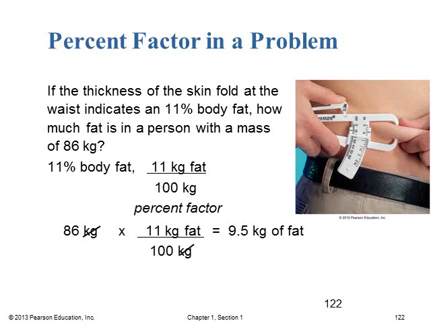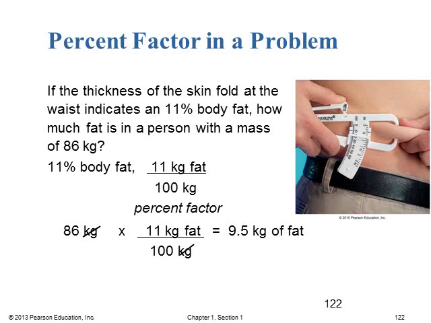So just when you're using these percent factors, you can use grams over grams or kilograms over kilograms. It's just whatever is most convenient to use. You could use milligrams over milligrams, just whatever is most convenient. So here it wants us to determine the amount of fat.